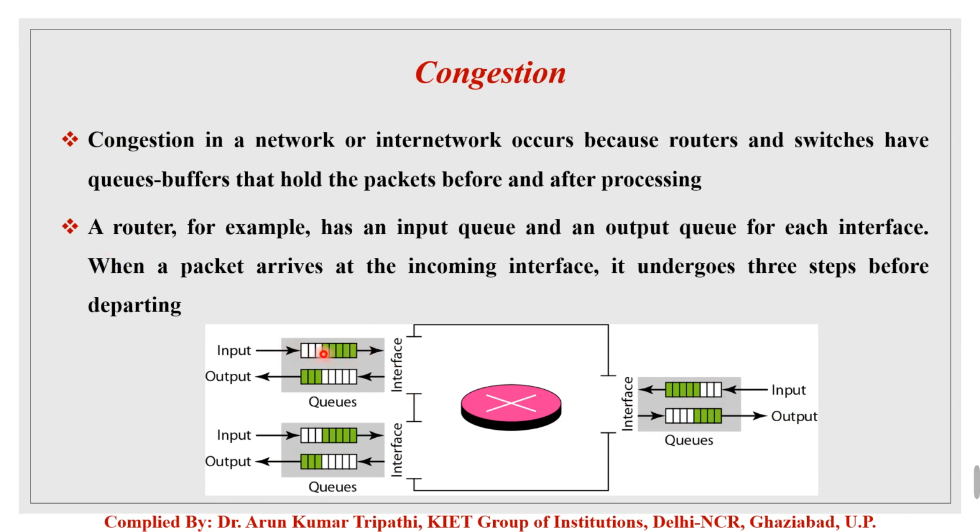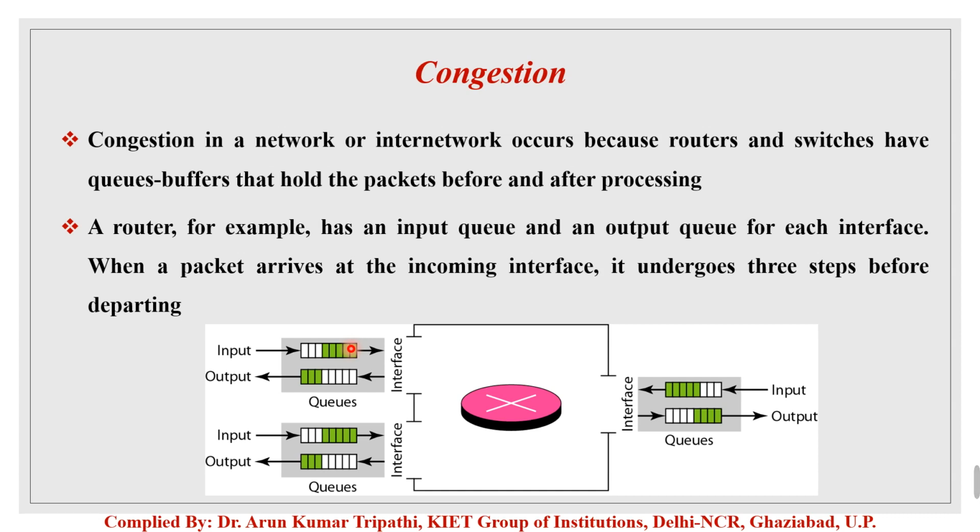If the input buffer gets full, the router will start discarding data packets because it cannot accommodate them. When a packet is discarded by the router, it cannot reach the destination.